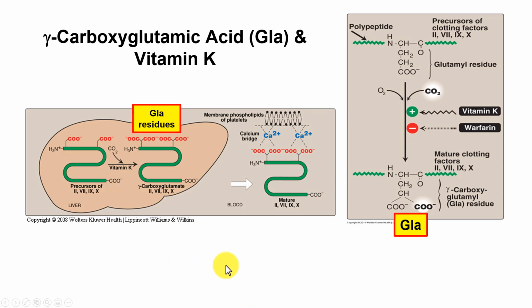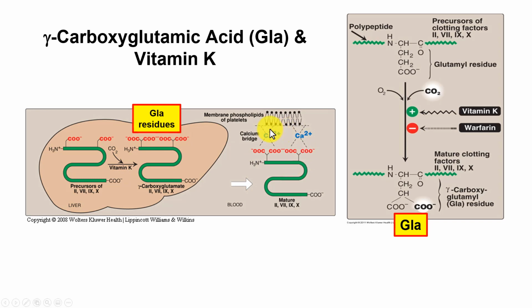Gamma carboxyglutamic acid, or GLA residues. These are pictured here. These proteins are made in the liver, and they have one carboxyl group on a side chain of glutamic acid, and a vitamin K dependent process puts an extra carboxyl group on there.